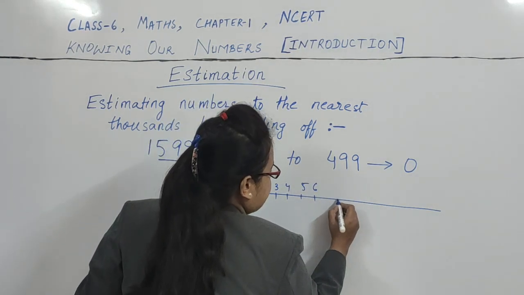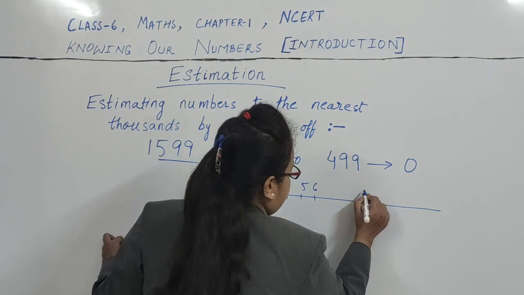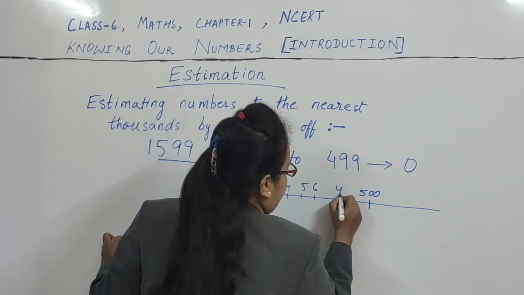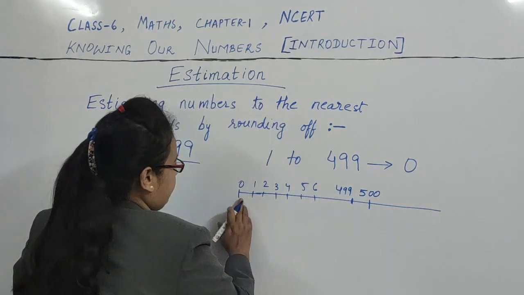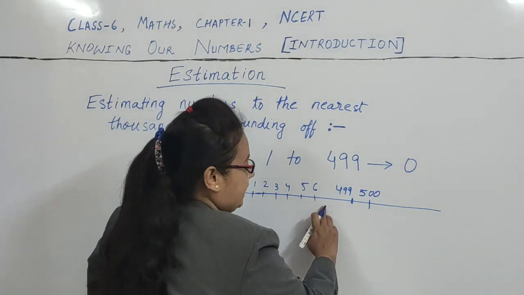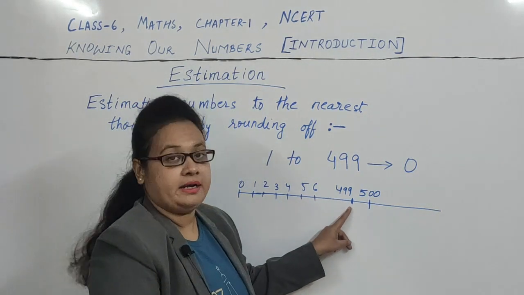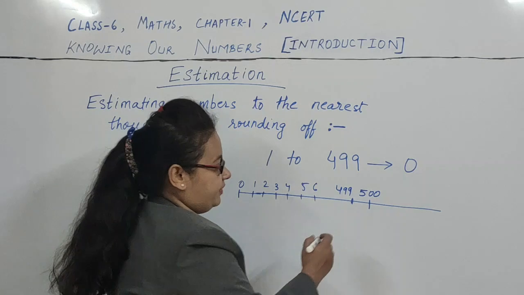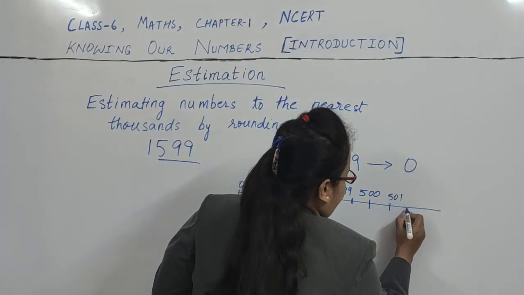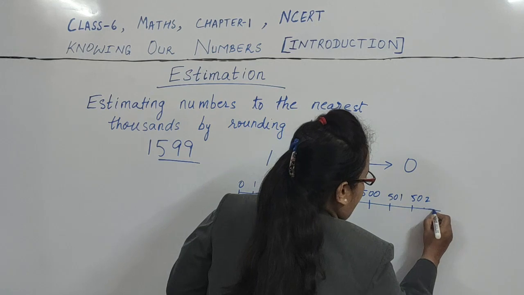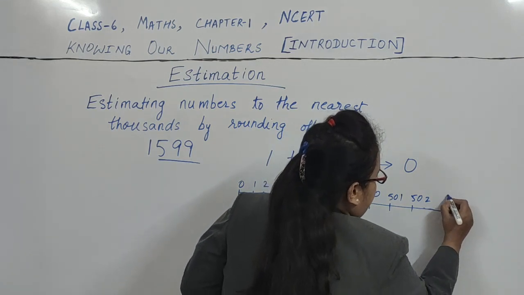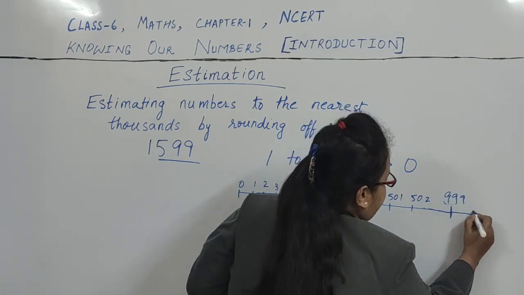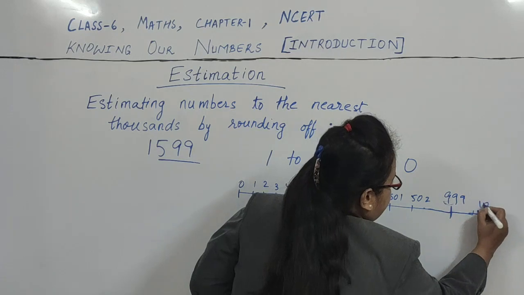Like that we will go on counting 7, 8, 9, 10, and the number which will come before 500 will be 499. After 499 we will have 500. After 500, 501, 502, like that we will go on counting and reach 999. After this we will get 1000.